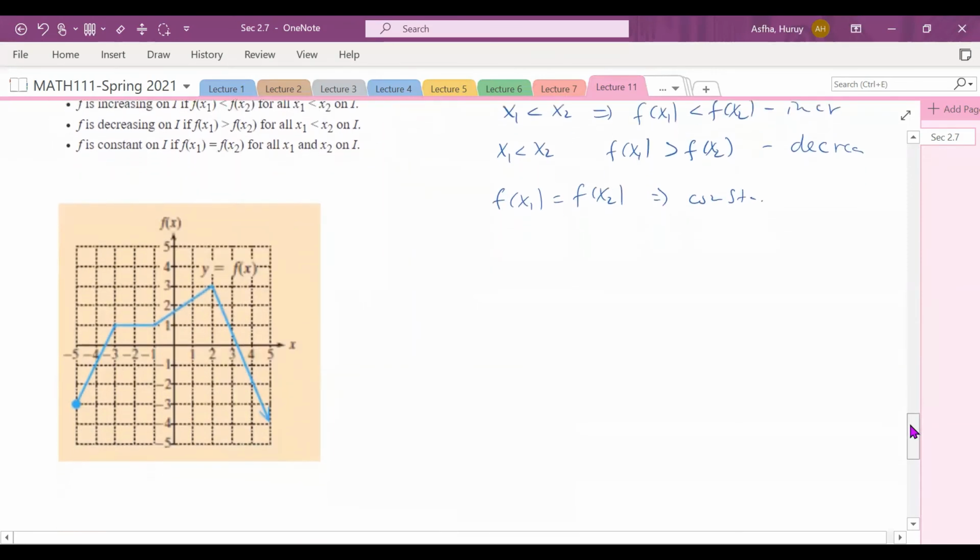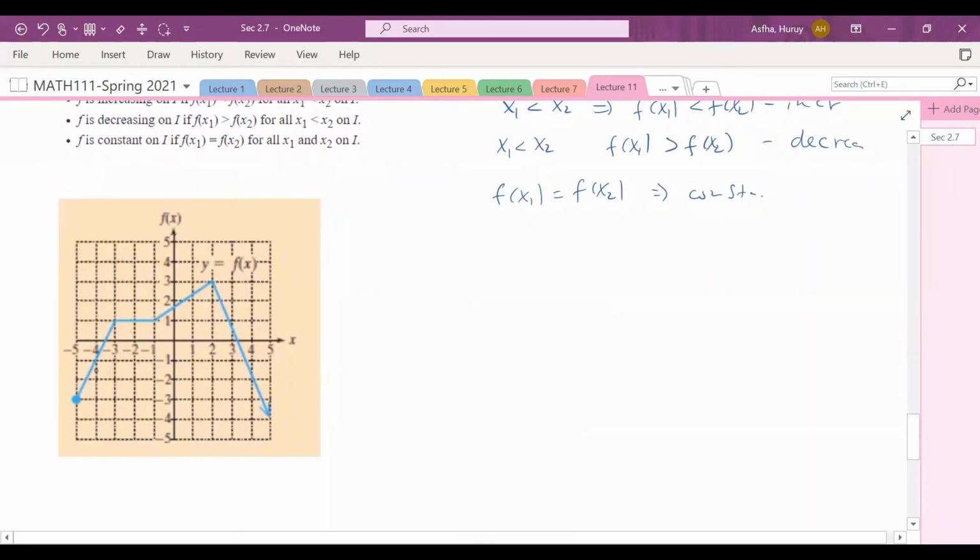Now, looking at this graph, as you can see, starting from here up to here, the graph is increasing. Always start with the left-hand side. When we go to the right side, if it is going upward, we say it's increasing. If it's horizontal, we say it's constant. And if it's going downward, we say it's decreasing.